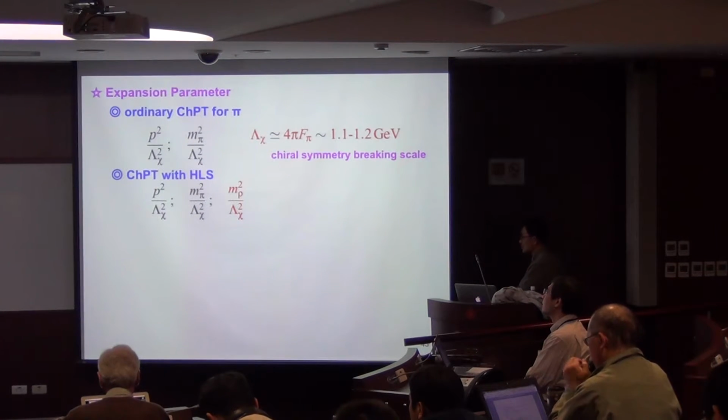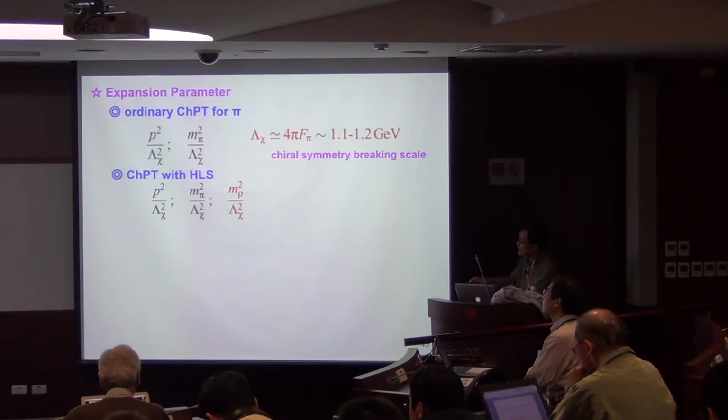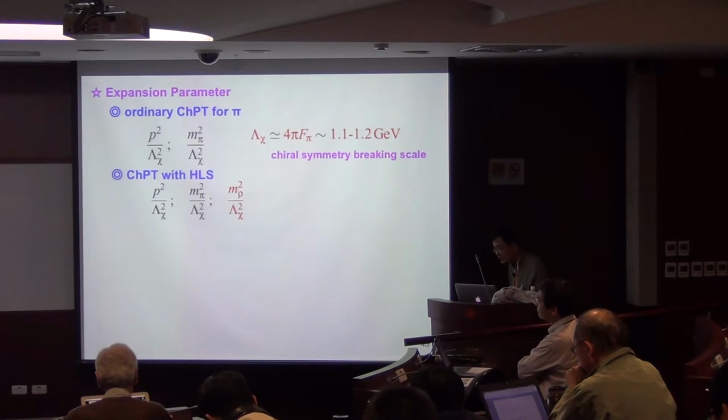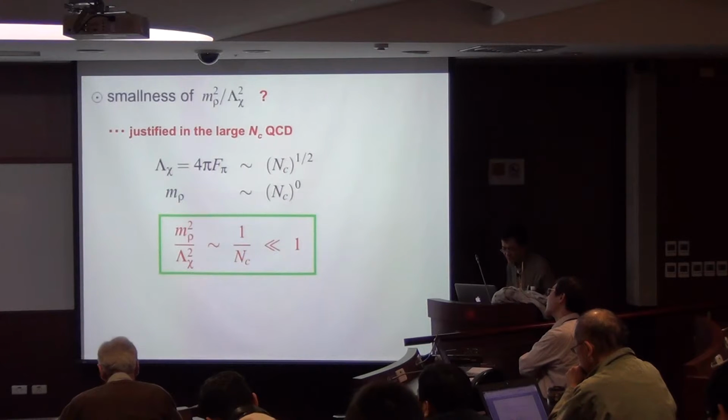In the chiral perturbation theory with hidden local symmetry, we have one more expansion parameter, which is given by this ratio. This is the rho meson mass, which is about 770 MeV, and this is lambda chi, the chiral symmetry breaking scale given by this form. One may wonder that this is not so small.